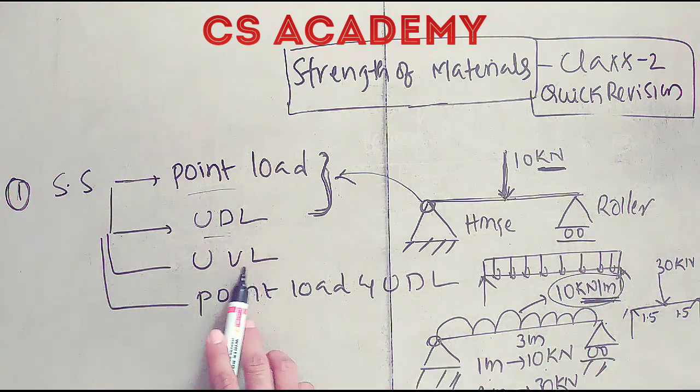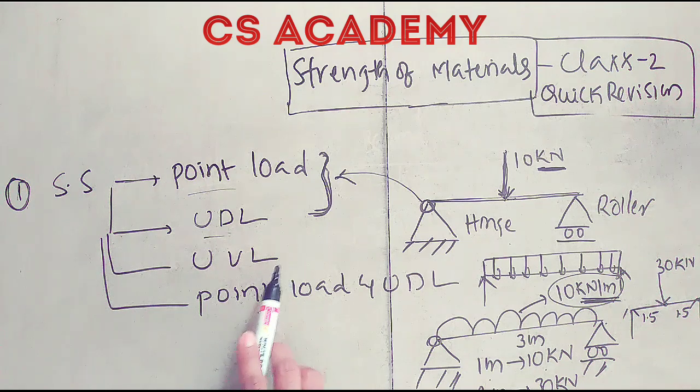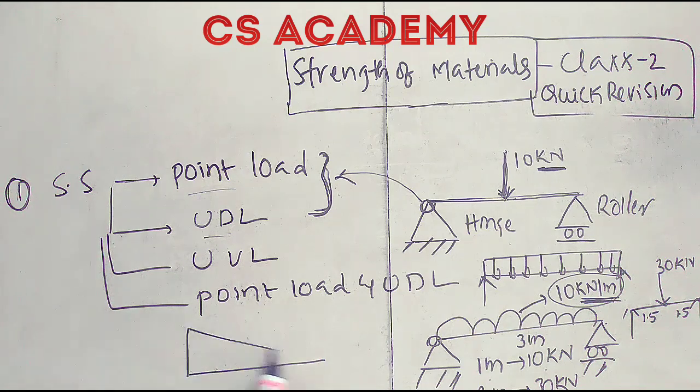And this one is a simply supported beam with a UVL. It is not in our syllabus, but for the sake of understanding I will tell you what a UVL is. UVL means uniformly varying load. This is one end, this is the other end, and the load varies slowly from one end to the other. It increases uniformly.